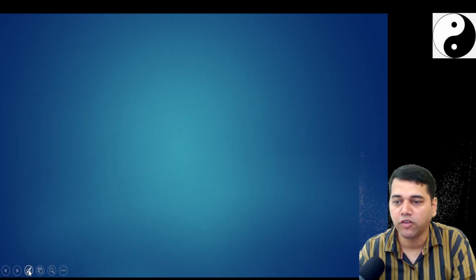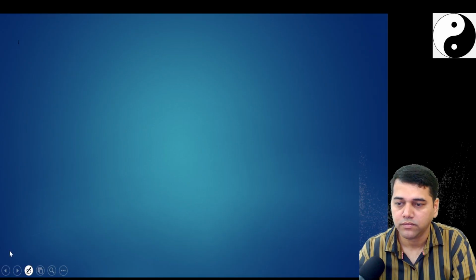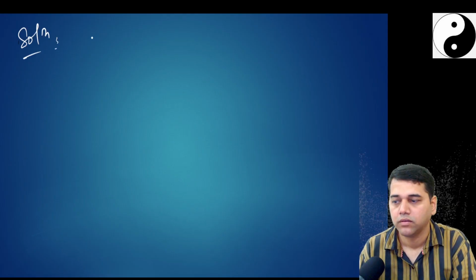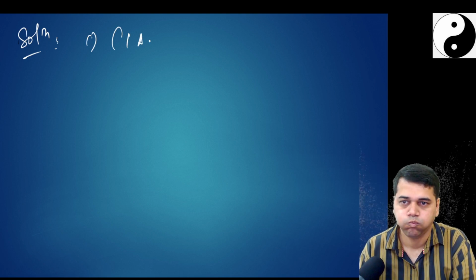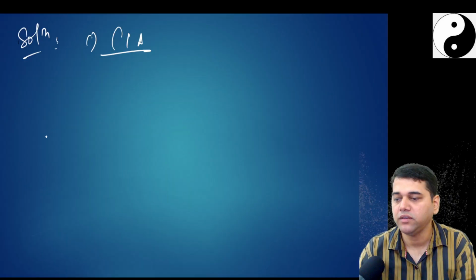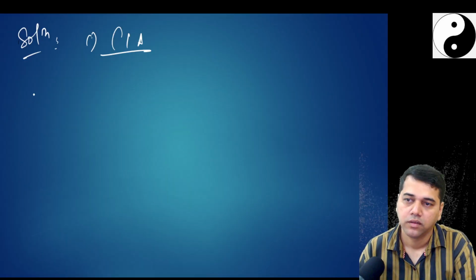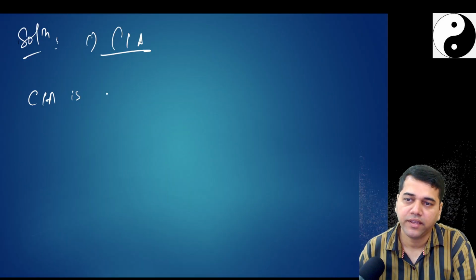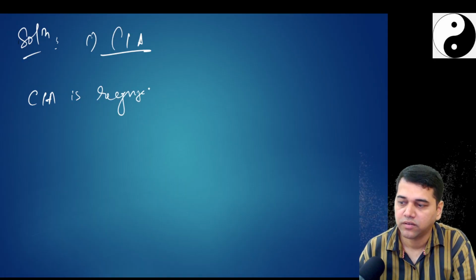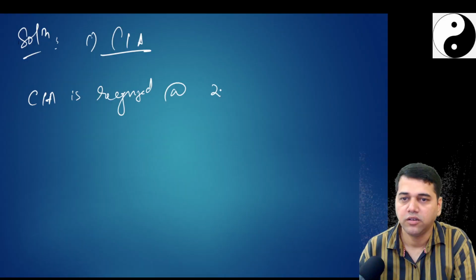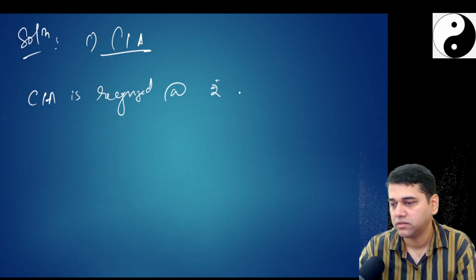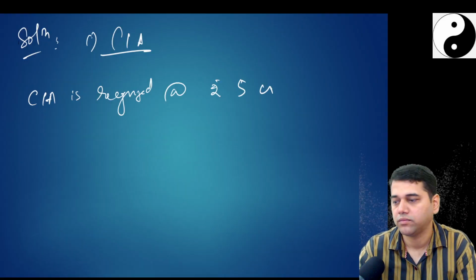One, continuing involvement asset. Solution. Continuing involvement asset, CIA, is recognized at rupees 5 crore.